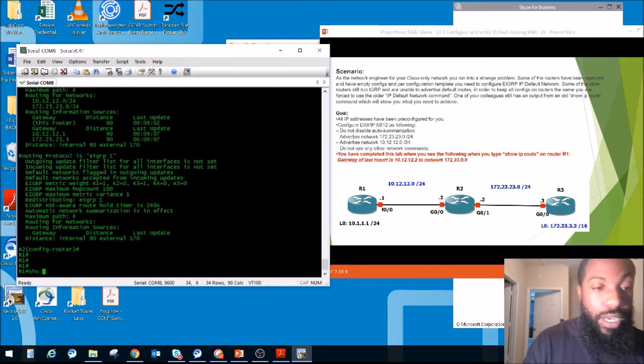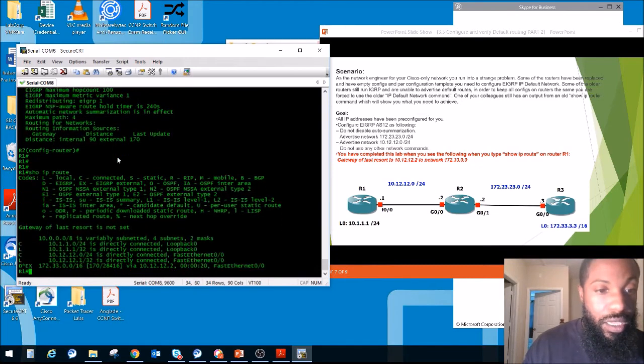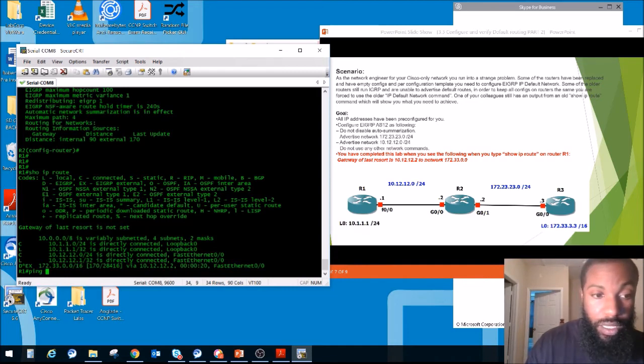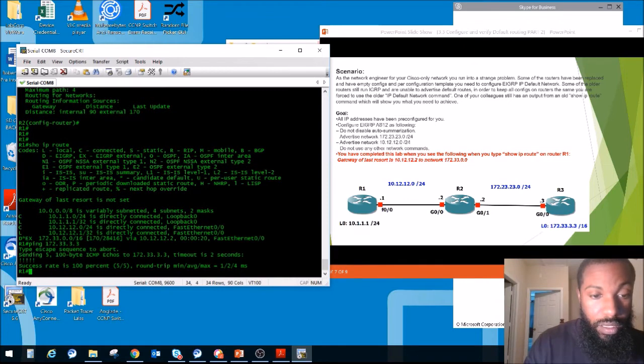and do a show IP route and see we have that, but that's not our default network. We've learned the static route, and we probably could ping 172.33.3.3, but that's not our default gateway, so let's make that our default gateway on here.